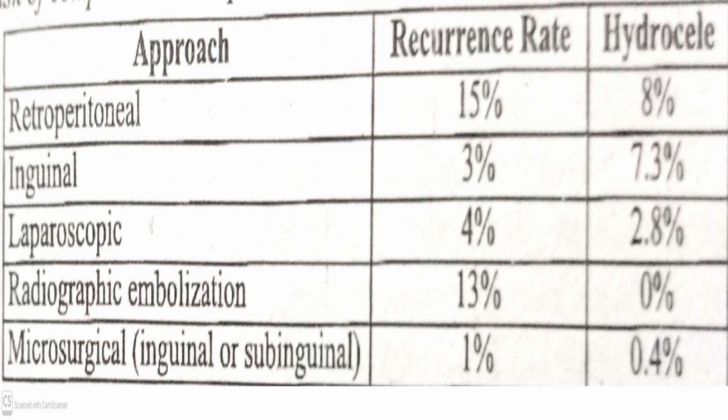Radiographic embolization has a 13% recurrence rate and 0% hydrocele formation. Microsurgical ligation has the least recurrence risk, only 1%, and hydrocele risk is also very low, 0.4%. So the standard procedure for varicocele repair is microsurgical subinguinal varicocelectomy.